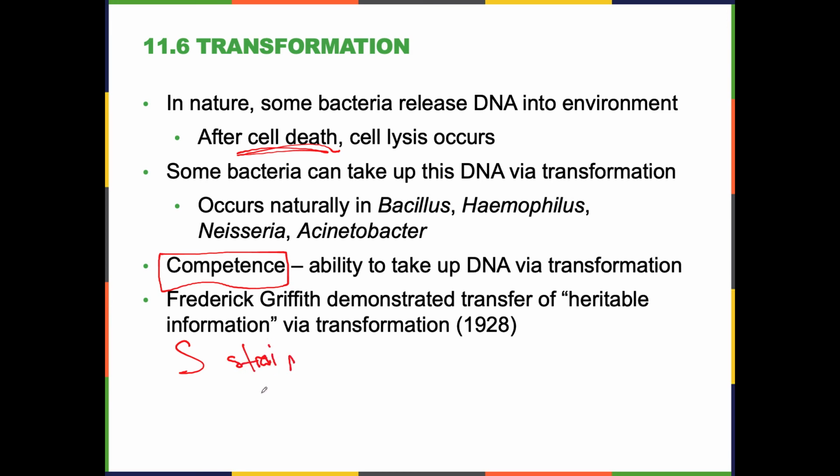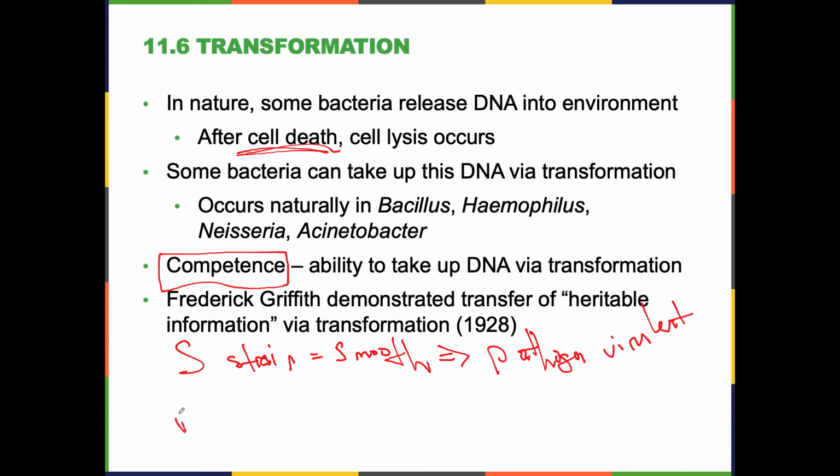In the figure, they don't define what the S strain is, right? So the S strain, also called smooth strain, of this bacterium called Streptococcus pneumoniae, i.e. causes pneumonia, is pathogenic, or another word for that is virulent. Okay?